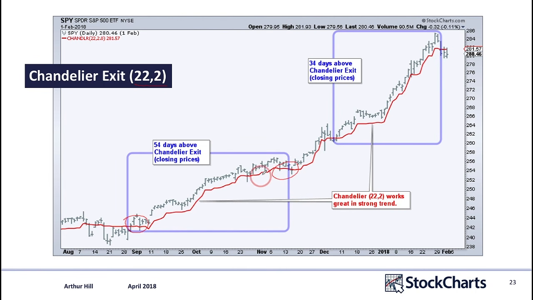So you had a really nice run there. And you can see here we had a 34-day run above the Chandelier Exit. This previous run was 54 days. So if the market continues to move higher, man, trailing stops, they work great. But as we know, the market doesn't act the same way all the time. You have to be ready for different environments, different looks.